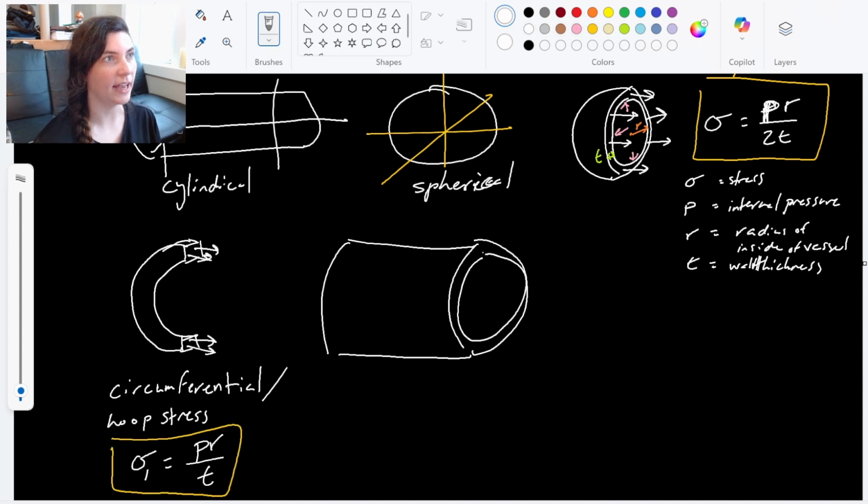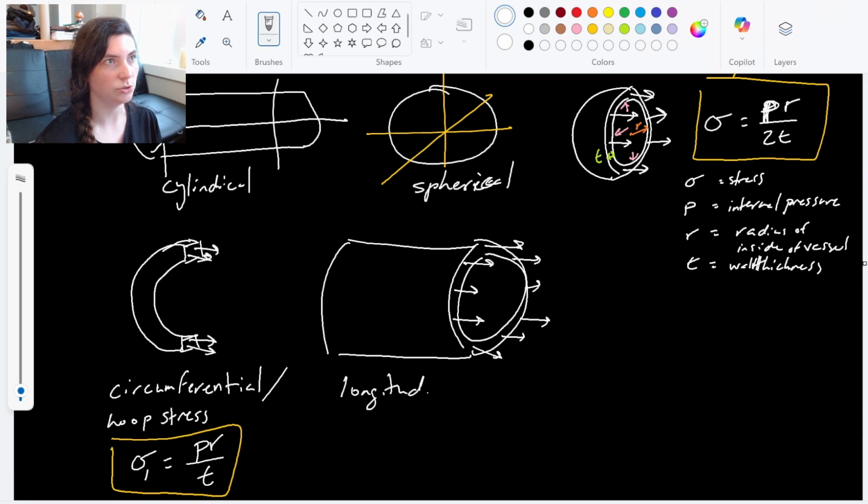Now for our other case, our stress is coming out much like it did in the spherical case, where we cut the sphere in half and we were looking at the full circle cross-section, and we could see all of the force, all of the stress coming out of this. This is what we would call, for the cylinder, longitudinal stress.